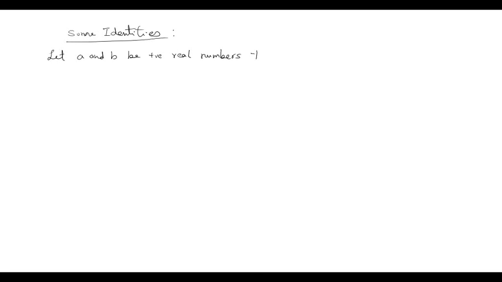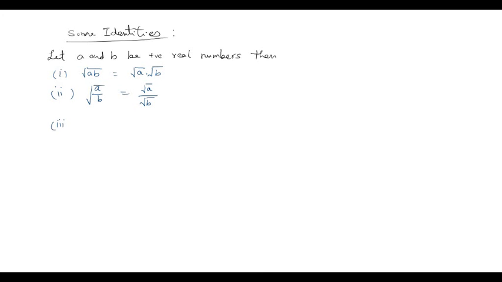Then the first identity is square root of a b is equal to the square root of the separate numbers, that is square root of a into square root of b. The second identity is square root of a divided by b, which we can write again as square root of a upon square root of b.